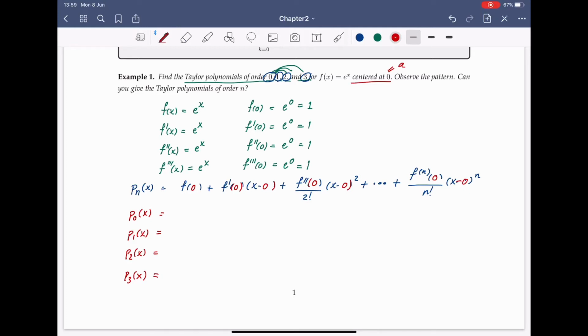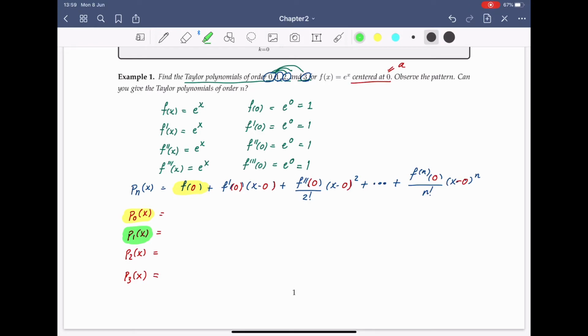And then, let's look at P0 first. P0 is going to be the Taylor polynomial of order 0. It means you expand until you get the 0 order, which means P0 is just the first term. After that, P1(x) is the Taylor polynomial of order 1, so you have to expand until the term with degree 1.